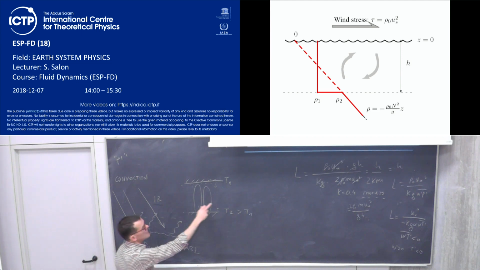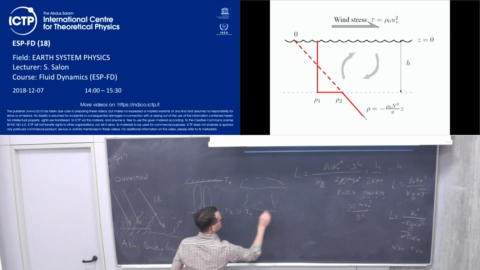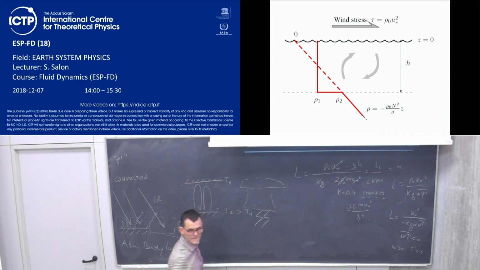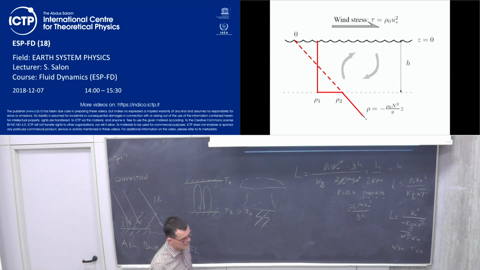And a system like this creates thunderstorm. So it's a layout, a configuration which happens quite often, for example in summer after afternoon.